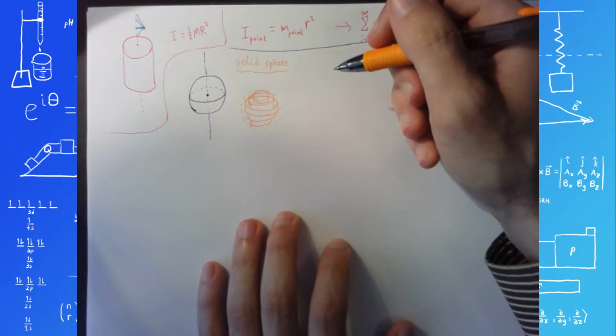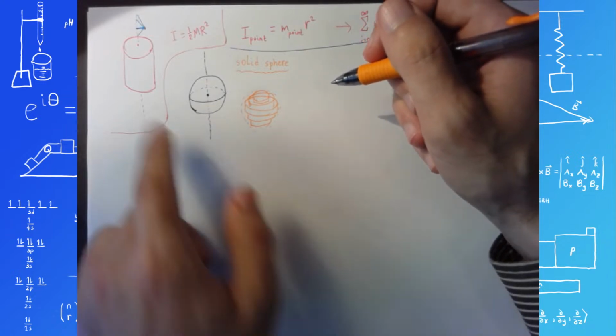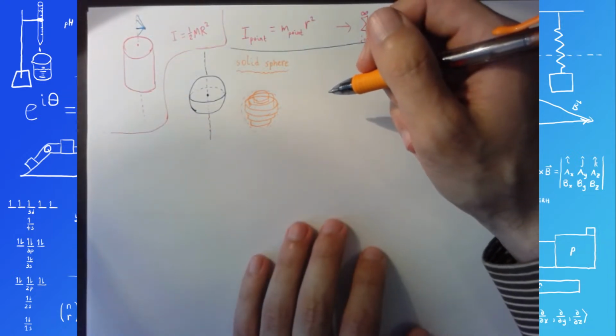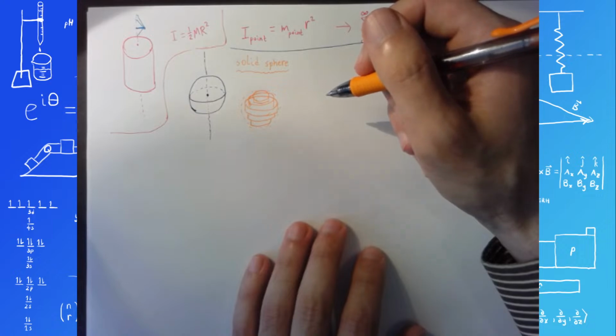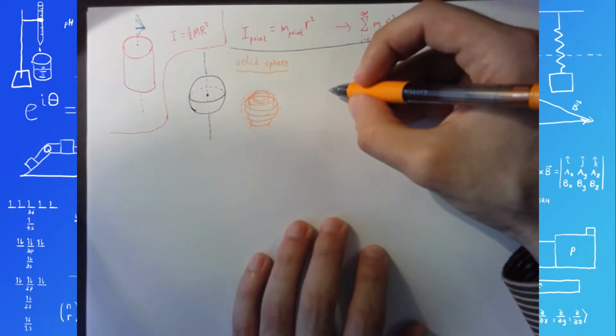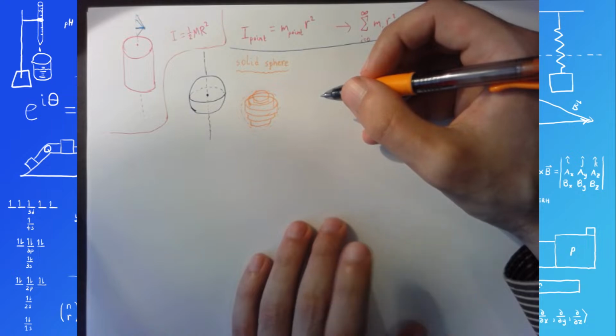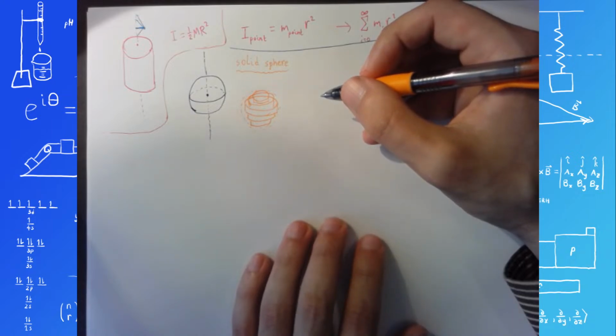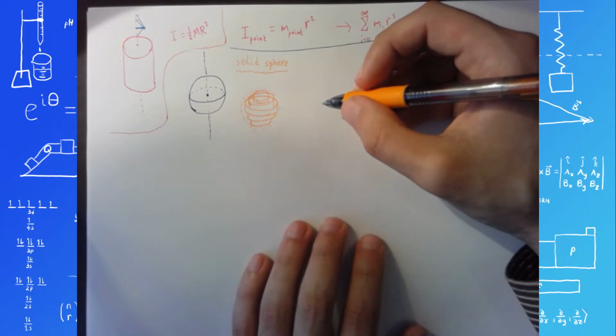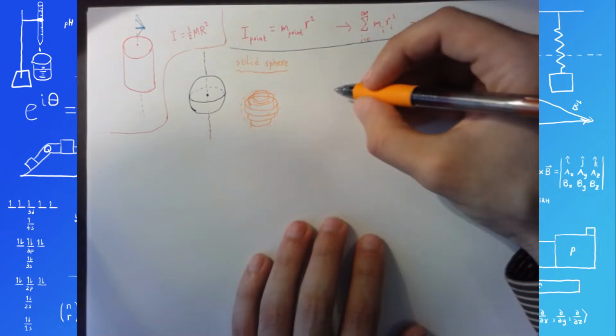Or the other thing we can do is pretty much the same thing we did last time with the cylinder. We can actually chop this up into cylindrical shells. So how do I want to draw this? Let me think. I want to make sure that I don't mess it up too badly.